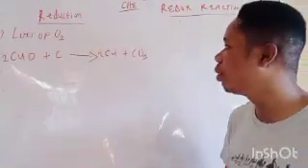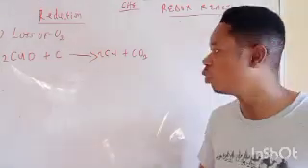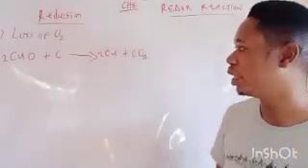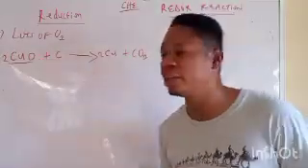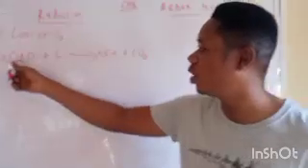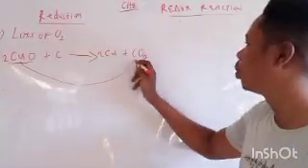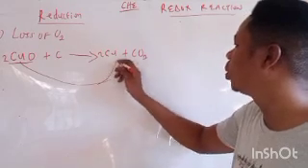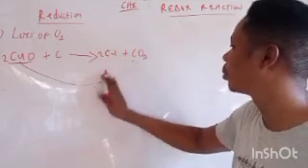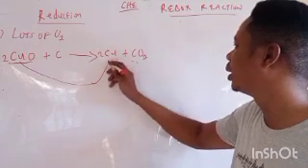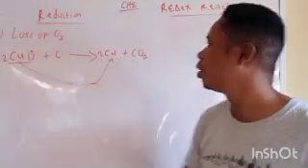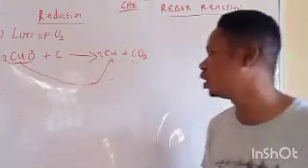You can guess of course which compound undergoes reduction here. Which compound undergoes reduction means which compound loses oxygen. Your guess is as good as mine. Copper oxide undergoes reduction because it lost oxygen to become copper. As you can see, in the reactant side, oxygen is involved, but in the product side, no oxygen is involved.